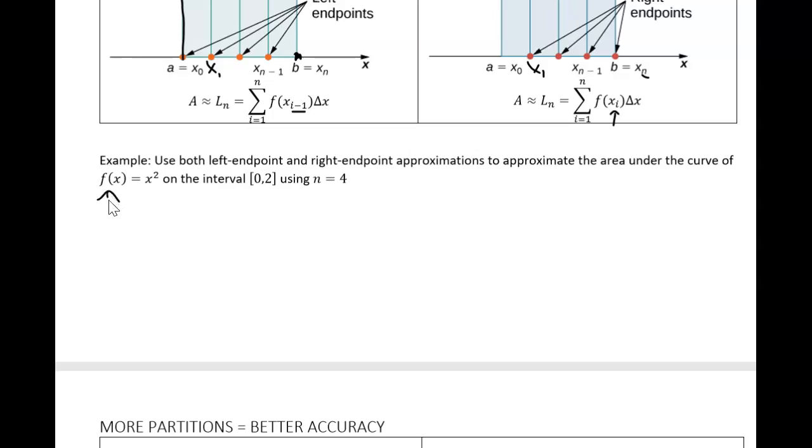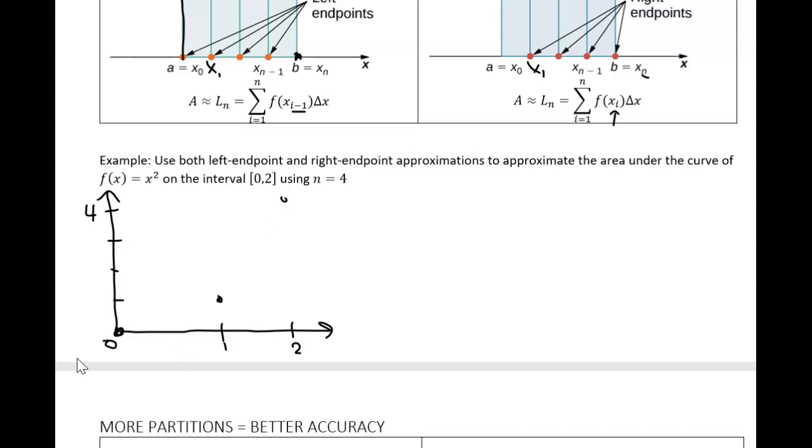So I'm going to start with a picture. And by using colors, I'm going to attempt to get away with doing both approximations on the same image. So here's 1, 2, 0. And with f of x equals x squared, I know that it starts at 0 and that we have 1, 1, as well as 2, 4.